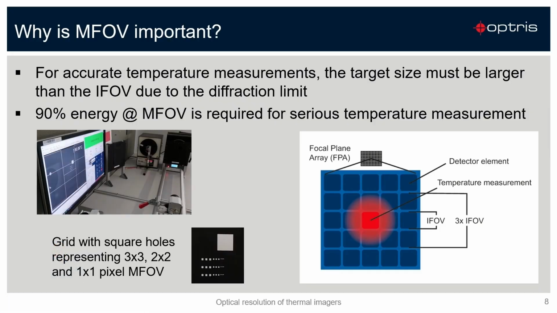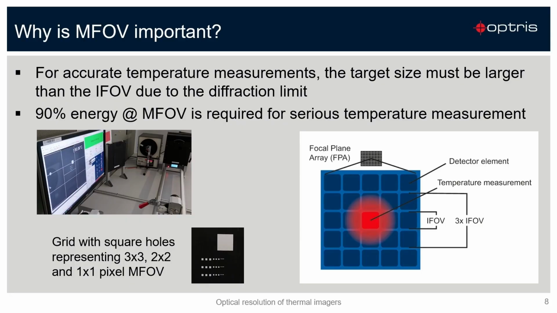And this 90% energy is something we are testing for each single imager of our PI series in our running production. So you see here a test bench where we put in front of a radiation source a special grid with square holes.